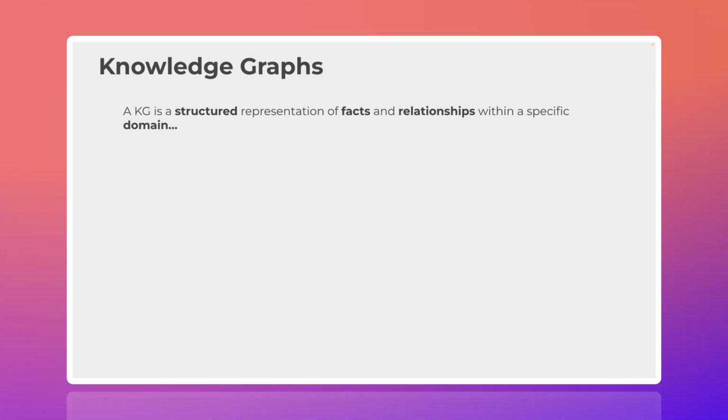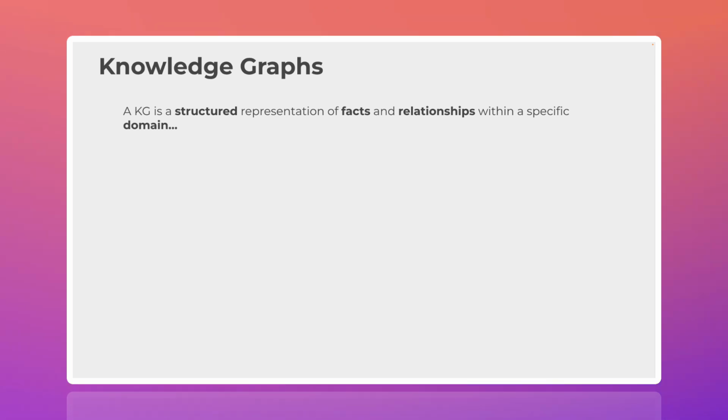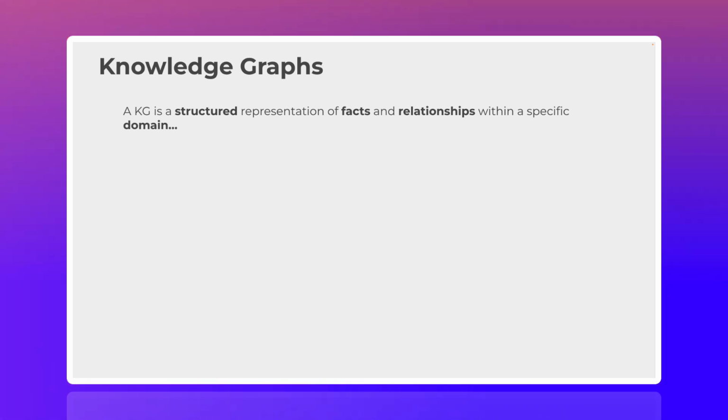This enables machines to understand and reason about the world in a way similar to how we humans do. They are used in many different industries and applications you might have heard of, such as search engines, recommendation systems, and artificial intelligence, AI. These are used for enhanced data integration, management, and retrieval.